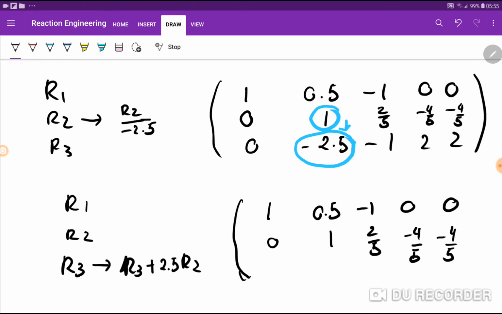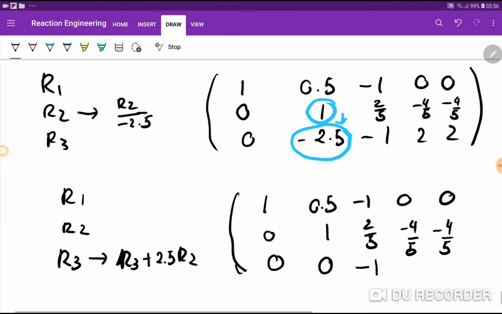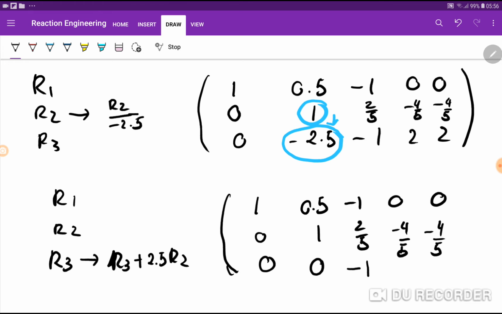So with that being said, R3 plus 2.5 R2: 0 plus 2.5 times 0 is 0, negative 2.5 plus 2.5 times 1 is 0, negative 1 plus 2.5 times 2 over 5 is negative 1, negative 4 over 5 plus 2, plus negative 4 over 5 times 2.5 is 2.